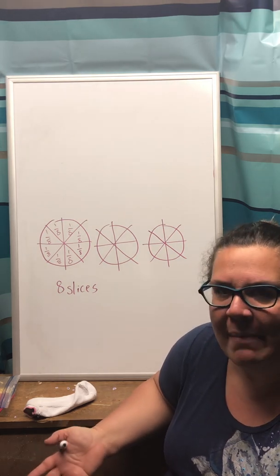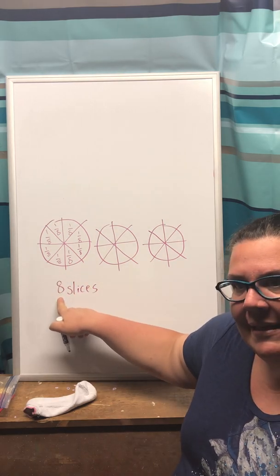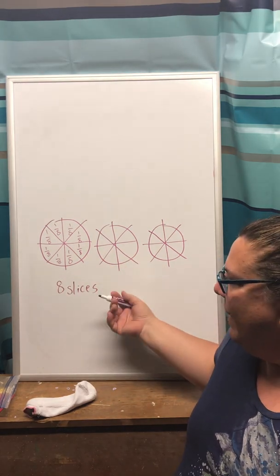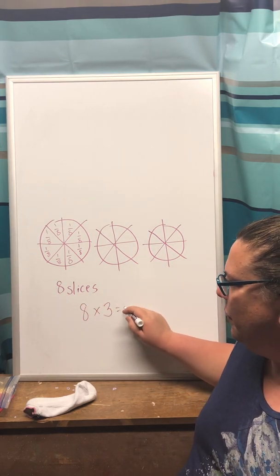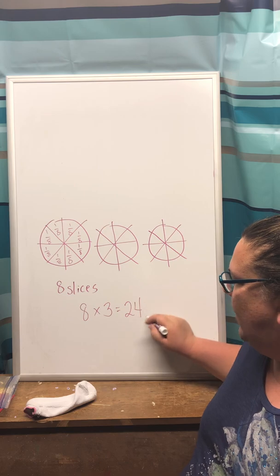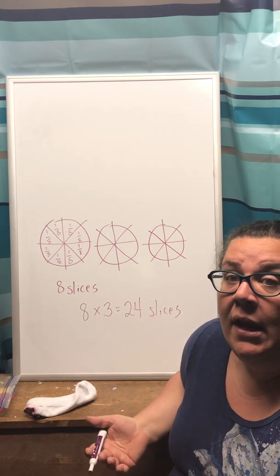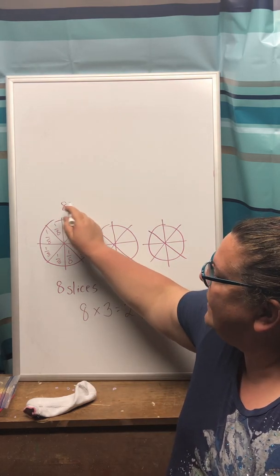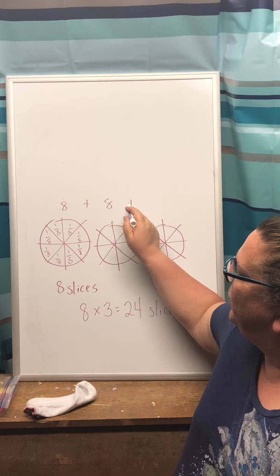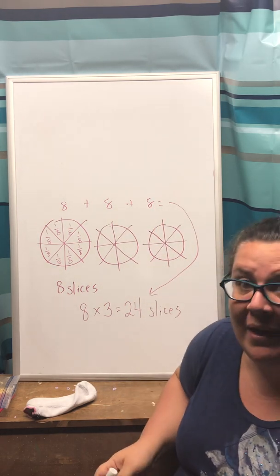Obviously, you can also do mental math here, but if one pizza is going to be 8 slices and we're doing 3 pizzas, my number model is just going to be simply 8 times 3, which is going to give me 24 slices. We can also look at it in terms of repeated addition as 8 plus 8 plus 8, which is also equal to 24.